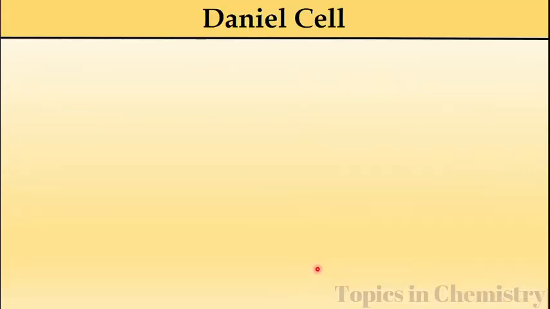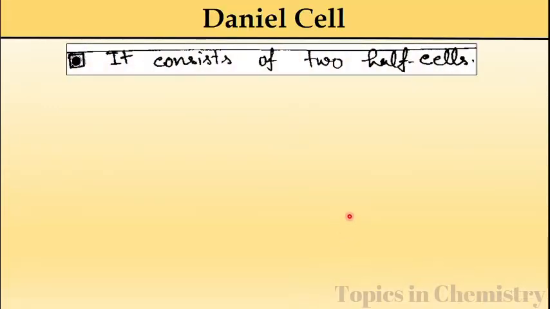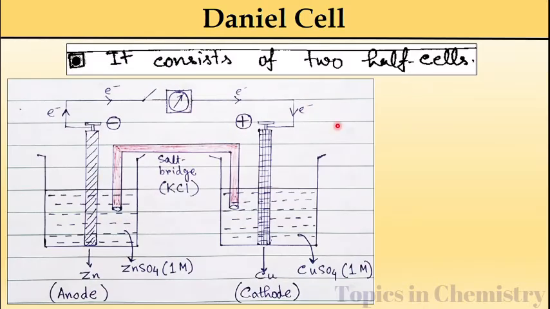Now you have to know what the Daniell cell is. As I told you, a cell contains two half cells, so it consists of two half cells. Here is the image of the Daniell cell. This is one vessel, the left vessel, and this is the other vessel, the right vessel.